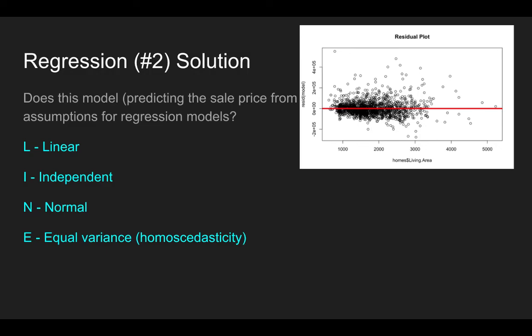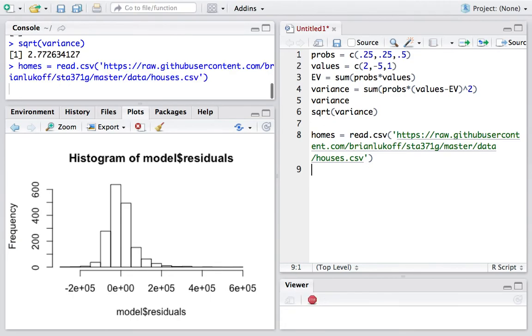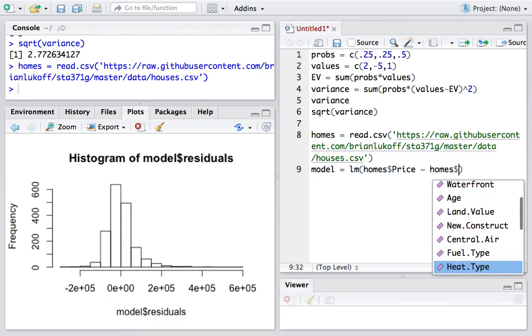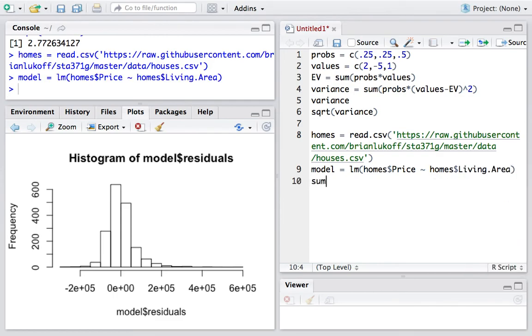Oh, yeah, we'll do the code right after this. Or actually, I guess we could just do it right now. So I'll read in my homes data. I'll create my model. Okay, there's my model.